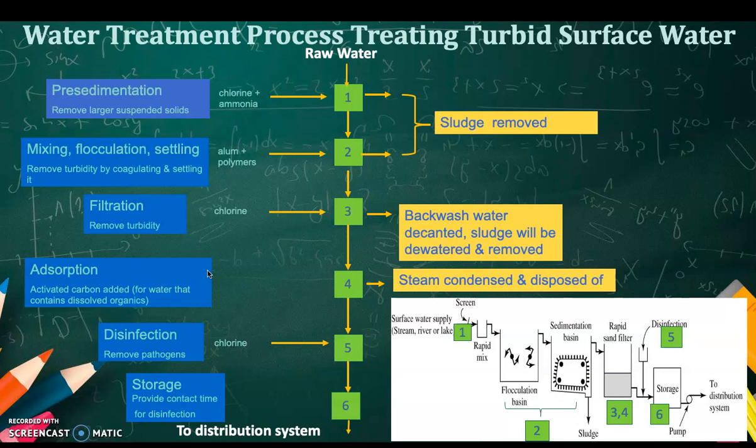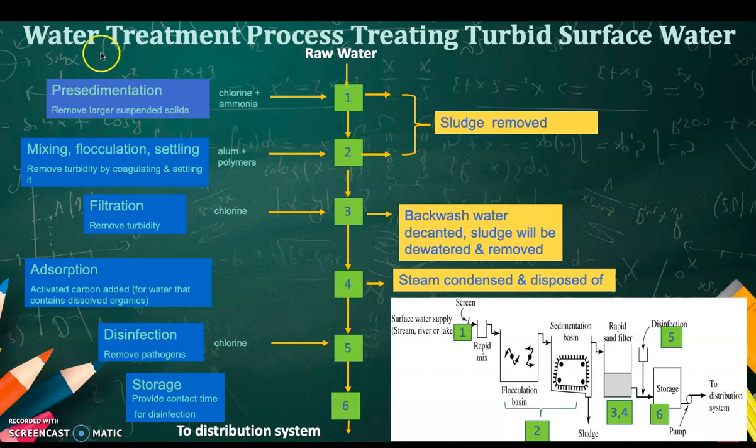So this is the water treatment process for treating turbid surface water. This is the process involved in order to deliver water to your house. Those companies like Syabas are using this kind of process. It is a standard process that the water treatment industry uses. Like Syabas, and in Pahang we have JAIB.